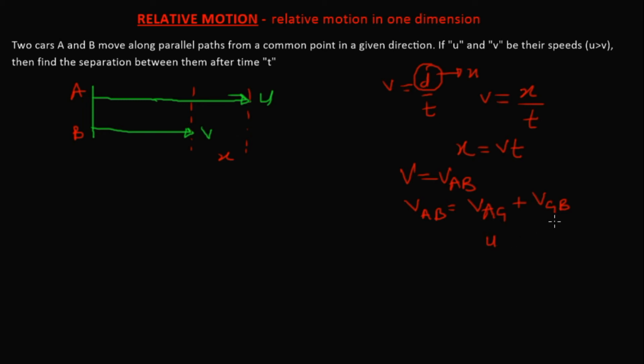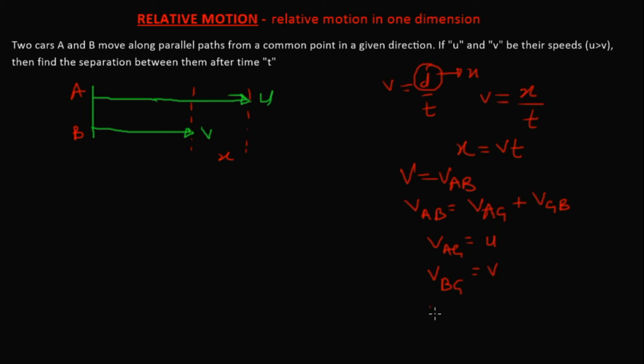The velocity of the ground with respect to car B is not given, but we know this is, let's say, VAG, the velocity of car A with respect to the ground, and then the velocity of car B with respect to the ground given as VBG.